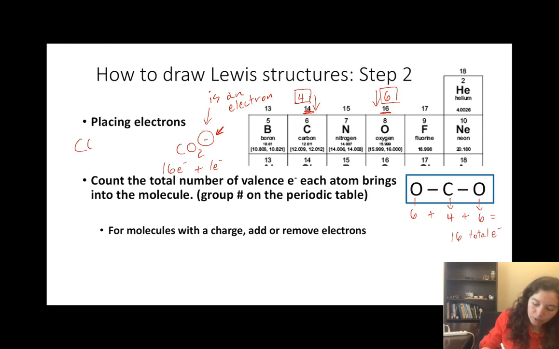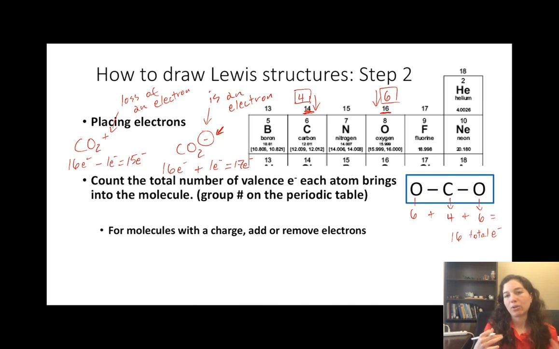If it was CO2 positive, this is loss of an electron, so we do 16 electrons minus 1 electron to give us a total of 15 electrons. You can see how the total number of electrons changes if there's a charge on the molecule.